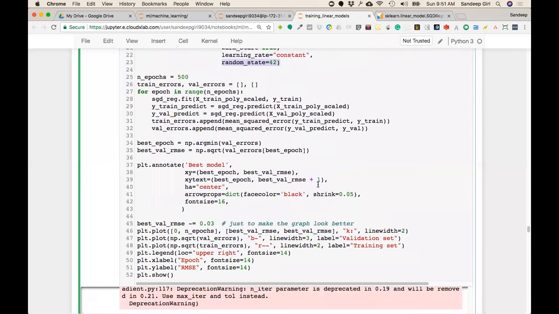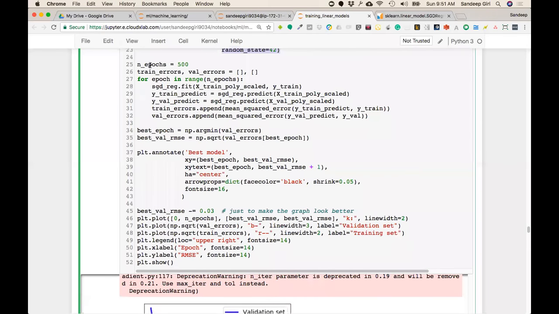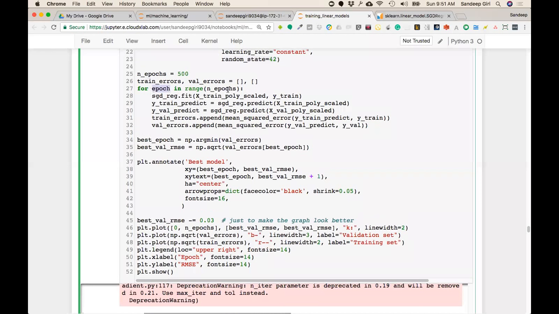So we are saying the number of epochs is 500, and we are iterating over these number of epochs. What we are saying is SGD regressor.fit, and these are X and Y of our training data.